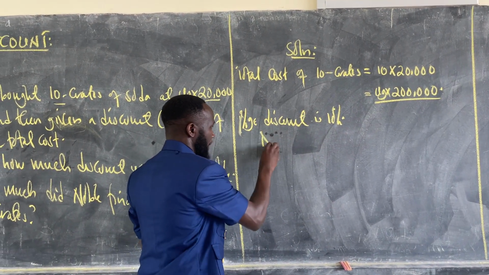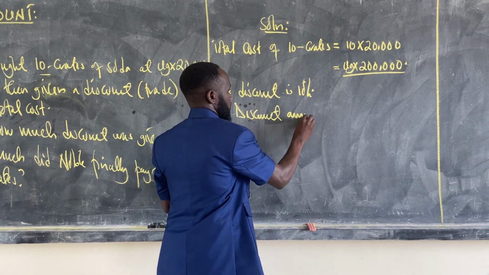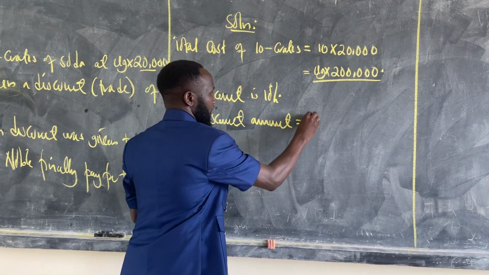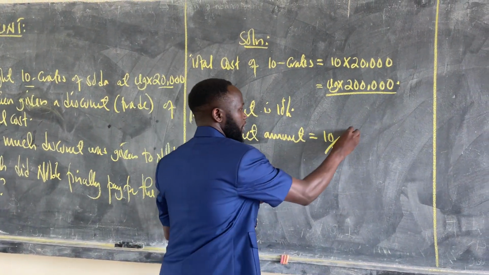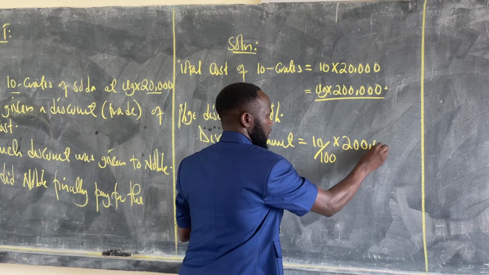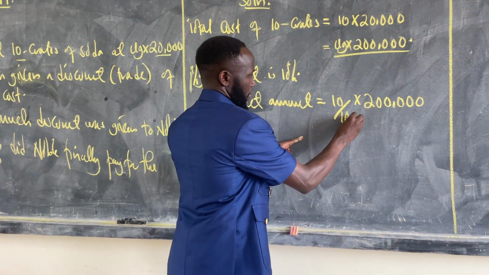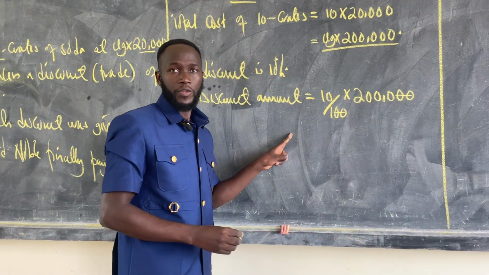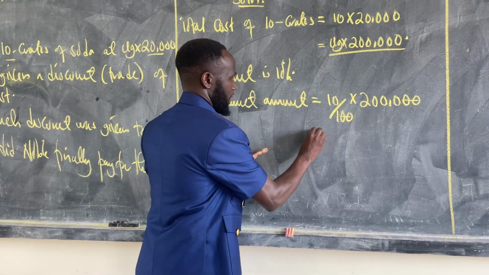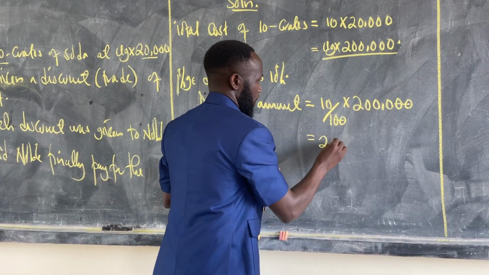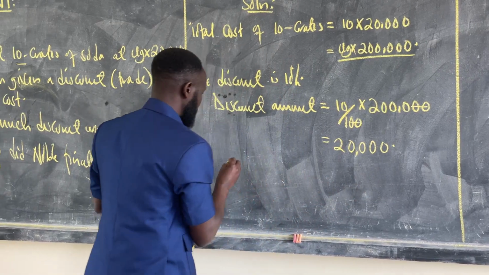Now, discount amount will equal 10%, like they said, of the total cost, which is now 200,000. These two zeros will cross off with those two zeros, and you remain with 2 times 1, giving you 2, then the remaining zeros, giving you 20,000.